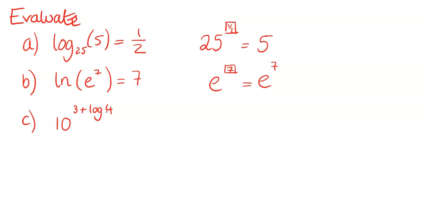The first thing you need to do isn't a log rule, it is an index rule. If you have a plus in your power, you will have a multiply when you bring it out of the power. Now, the first bit we know is 1,000.